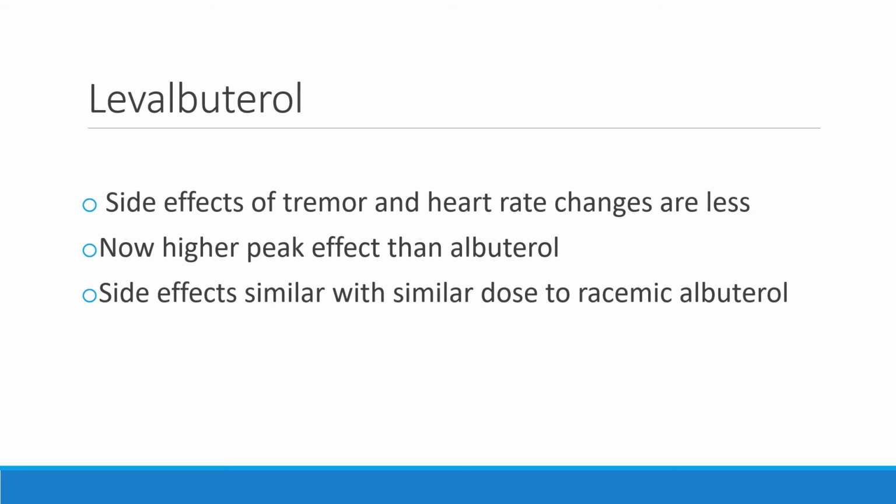The side effects are similar with a similar dose to racemic albuterol, that would be your 2.5 milligram dose. So you might see the same side effects if we're giving lots of it, so why are we spending 6 times the cost if we're going to do a lot of it, right? So that's why you might see some facilities not carry something like levalbuterol unless it's prescribed brand only.